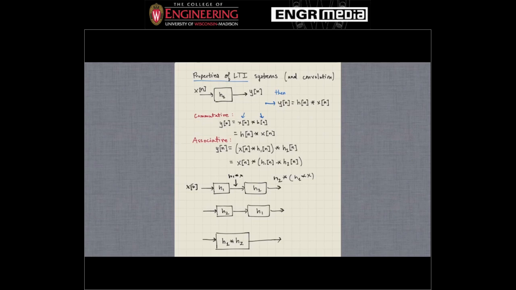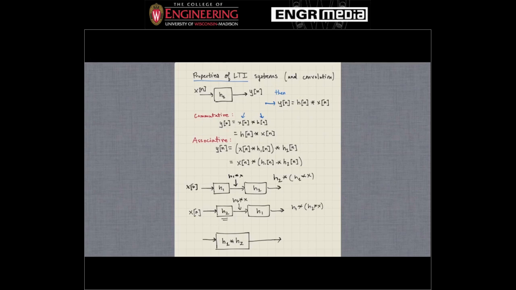Now let's switch the order of operations here. Let's input x of n again, but now let's input it in the filter h2 first. There's h2 first. Then what's the output here? It's going to be h2 convolved with x. And then what's the output here? It should be h1 convolved with h2 convolved with x.